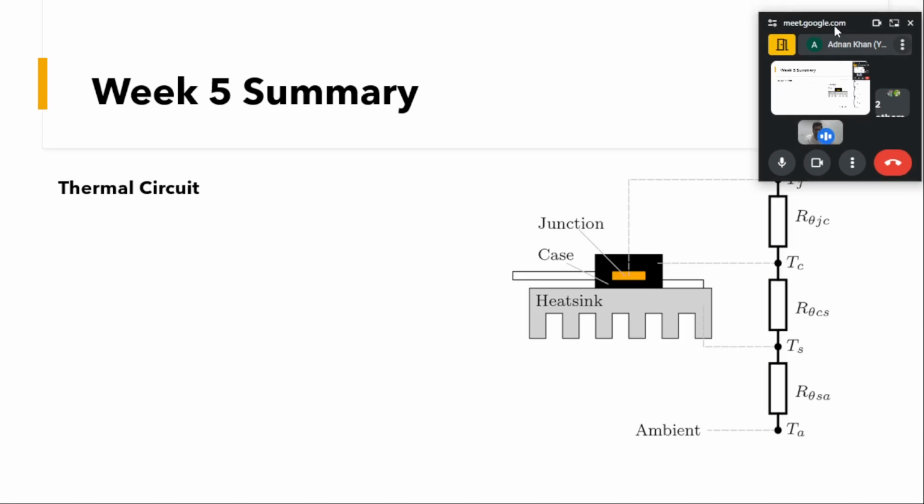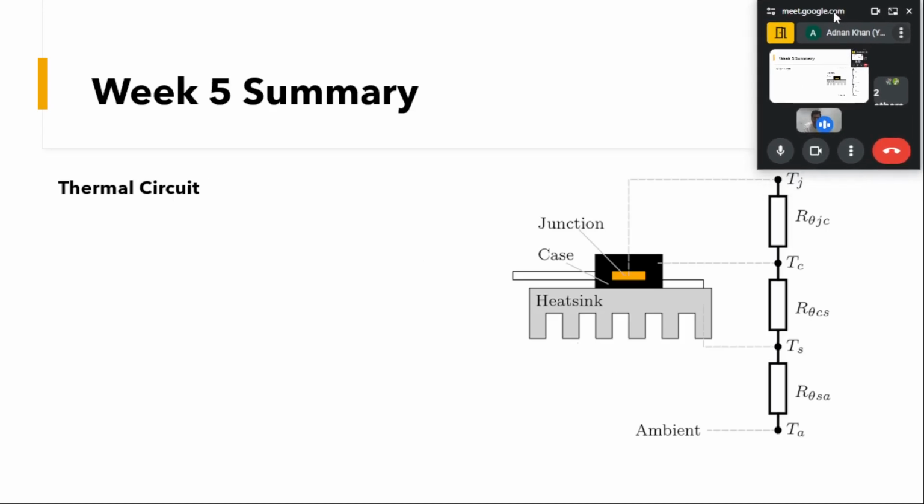So now coming towards this thermal circuit. We know inside the device is the die, and at the die is the junction. At the junction there will be some temperature, and this is determined by Tj, the junction temperature.